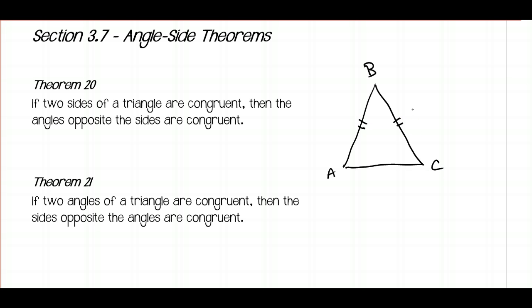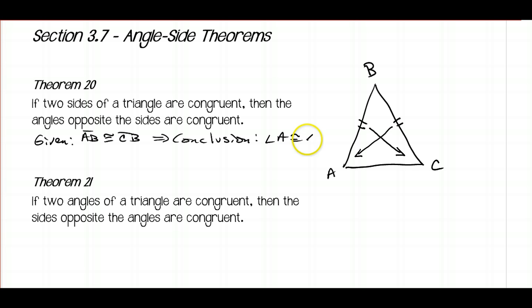So if we know that AB and CB are congruent, then the angles opposite them, the angle opposite AB is angle C, and the angle opposite BC is angle A. So if we were given, or could prove somehow, that AB was congruent to CB, then our conclusion would be that angle A was congruent to angle C.